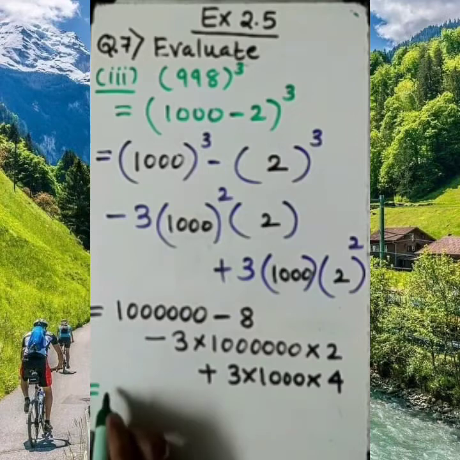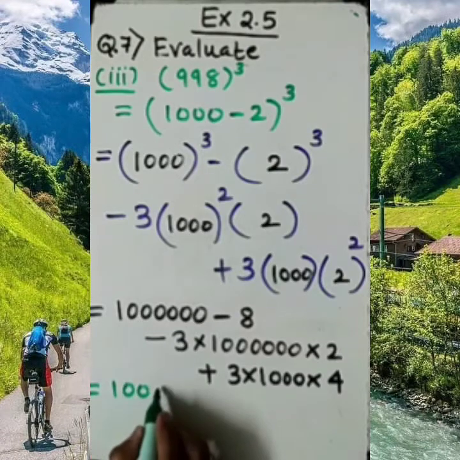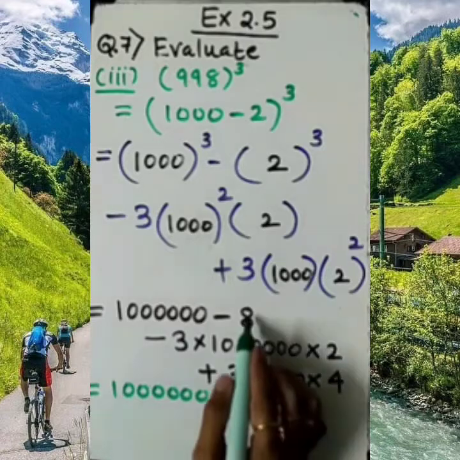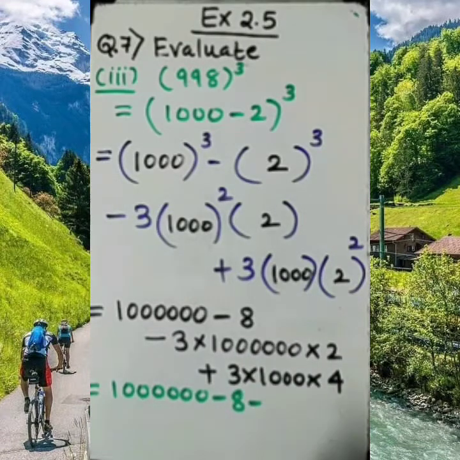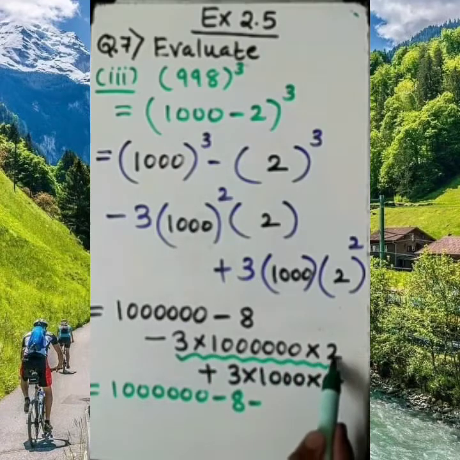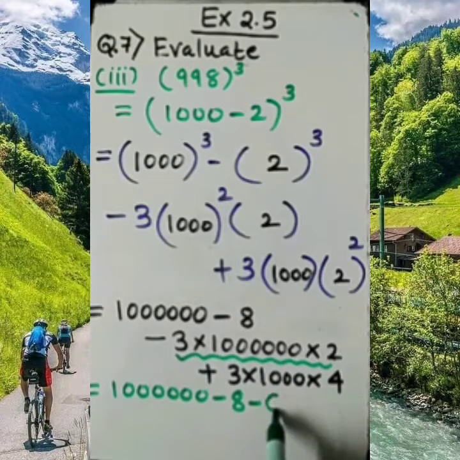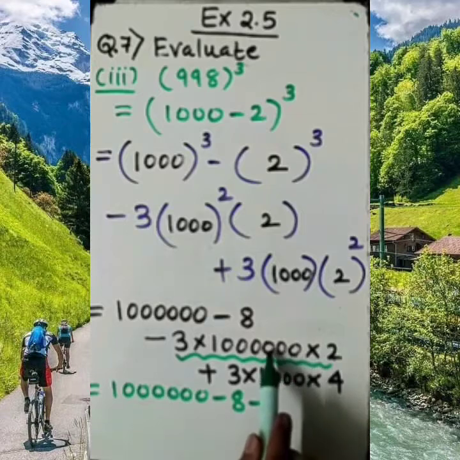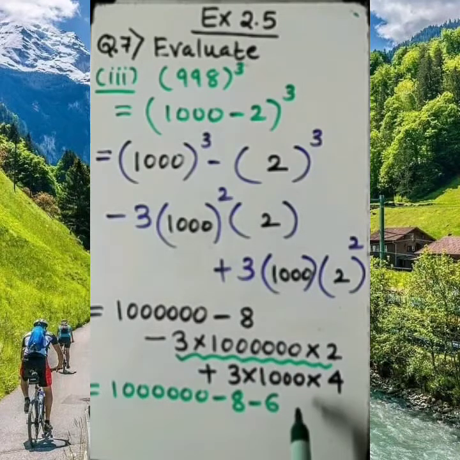We need to mention here 10 lakh along with 6 zeros, minus 8 is already there. Then minus, let's multiply this. Very simple, 3 2s are 6. Here how many zeros? 1, 2, 3, 4, 5, 6 zeros here also.